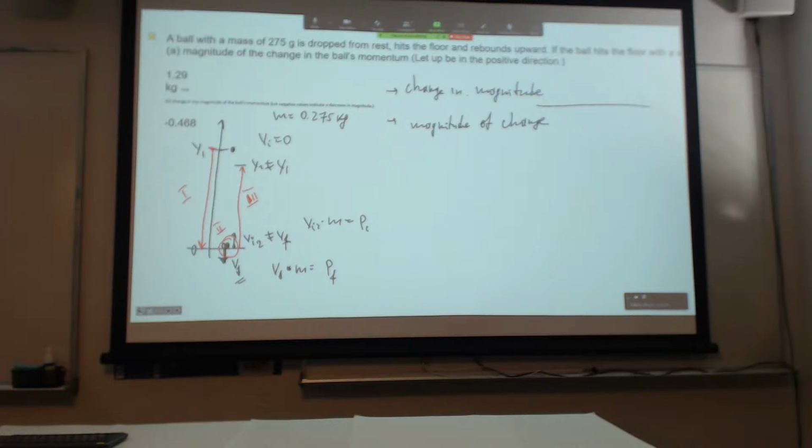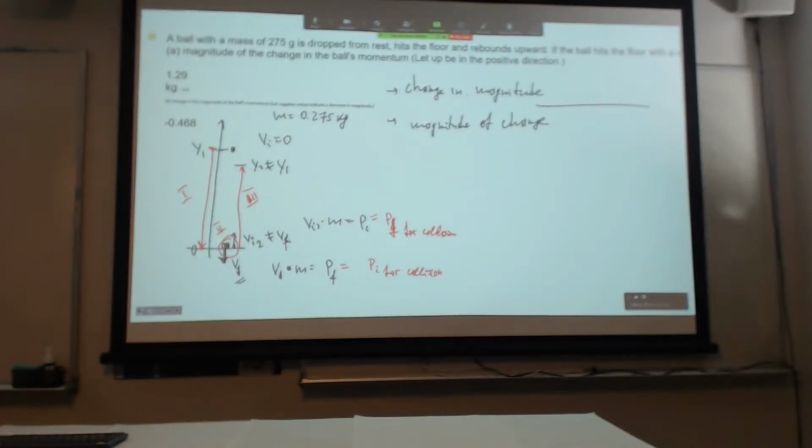The final time for the process number 1 is when the ball hits the ground, but the final time of the first process is, incidentally, the initial time of the second process, which we call a collision. So this will be the initial momentum for collision. And then when collision ends, this ball starts to fly up. This momentum is the initial for the third process, but this momentum is also final for the second process, final for the collision.